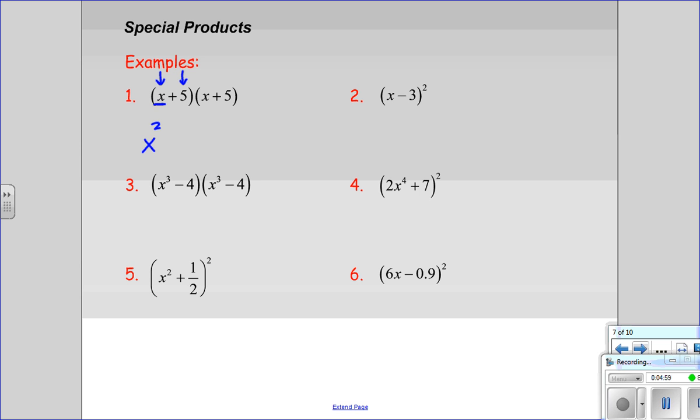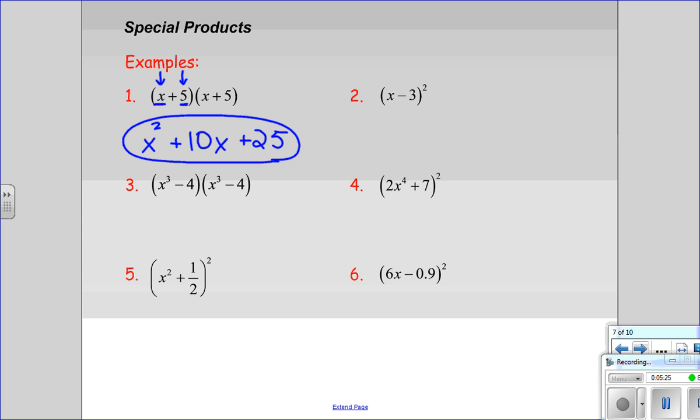So x times 5 is 5x, and then you double that to get 10x. So we get 10x for our middle term, and then our last term is always our second term squared. So 5 squared is 25. If you're a little confused of how we got that answer, you could use FOIL to check that it works, and you'll see that that would be the same answer you'd get if you used FOIL.